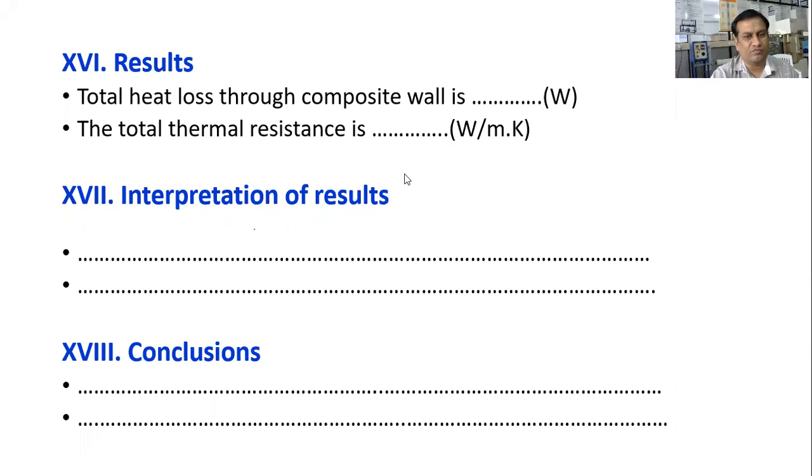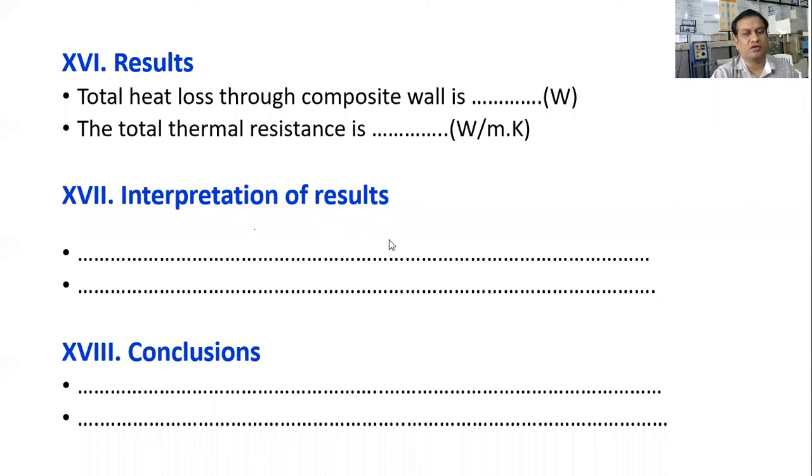So if the value of Q, that is heat input given by you and heat calculated by you after the experiment or on the experimental basis is different, then you can interpret the result.